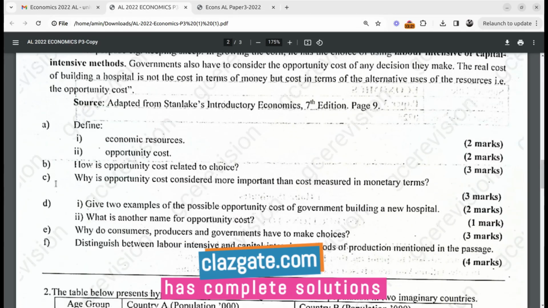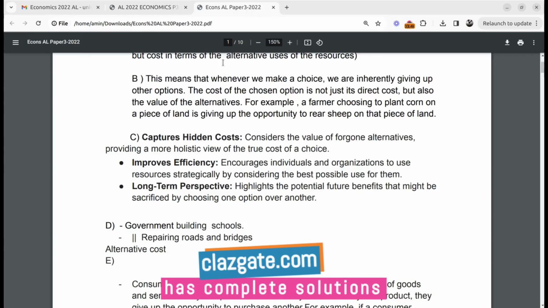Now, question 1C is asking us, why is opportunity cost considered more important than cost measured in monetary terms? Well, we actually have 3 points for this. Our first point is, it captures hidden cost. Opportunity cost considers the value of foregone alternatives, providing a more holistic view of the true cost of a choice.